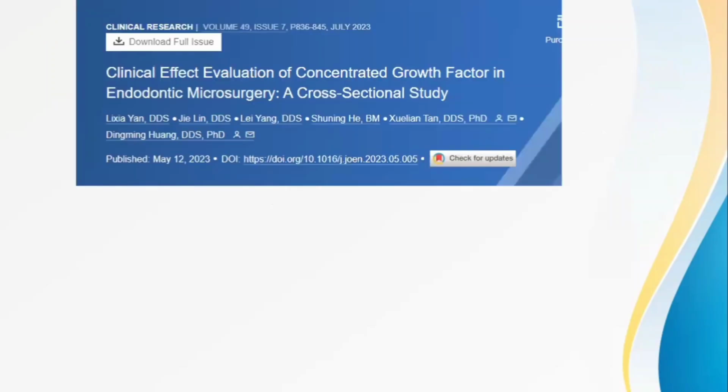This is an example for a cross-sectional study. In this, 54 patients who underwent endodontic microsurgery from January 2017 to November 2021 were enrolled. They were assigned to the concentrated growth factor and control group according to whether the CGF was used during the surgery and followed up at 6, 12 and 18 months after surgery.